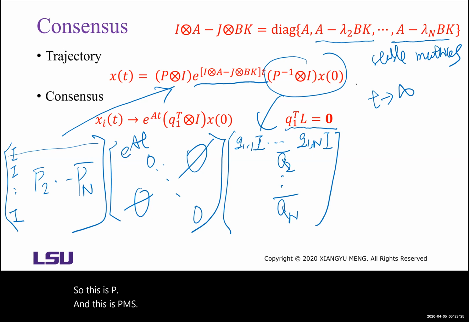We will need to normalize the Q matrix, so Q1 transpose r1 vector will be 1.